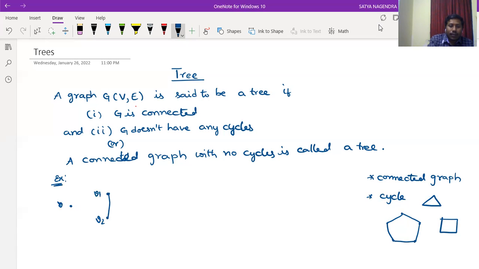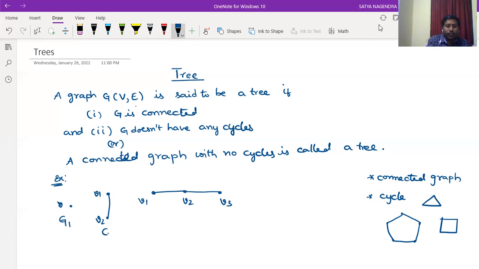Okay, next, you observe here three vertices. I am taking three vertices V1, V2, V3. So we need a connected graph. So here I am taking the edges in this way. This is a connected graph because every pair of vertices is connected, that is, there exists a path between every pair of vertices in this G. So this is G1, which contains only one vertex.